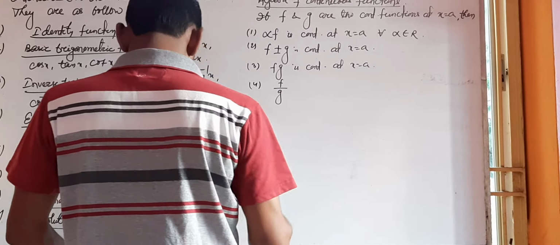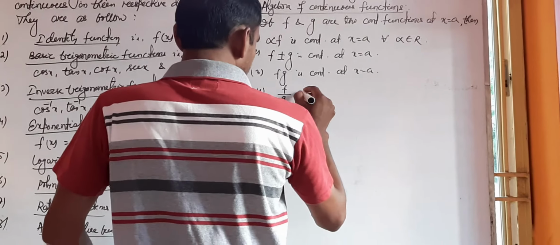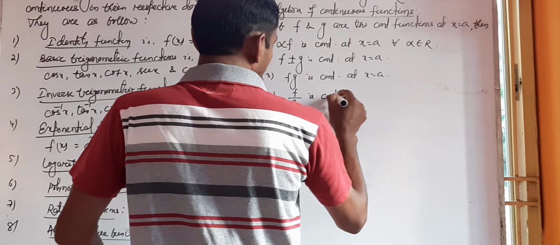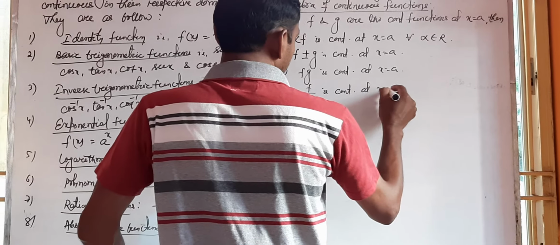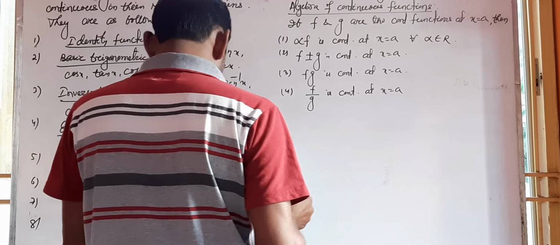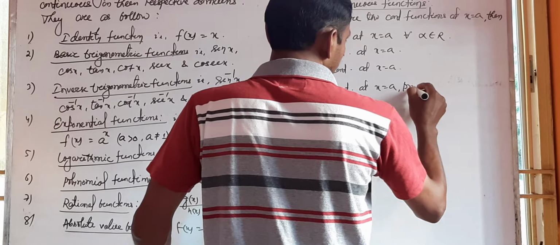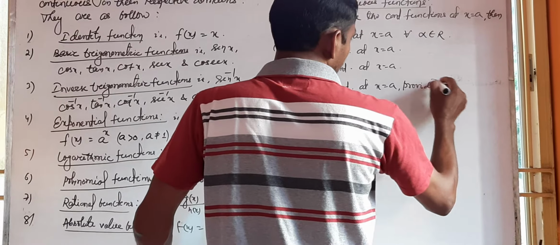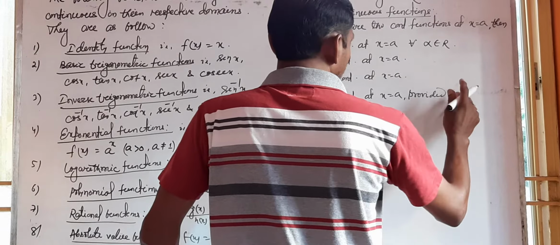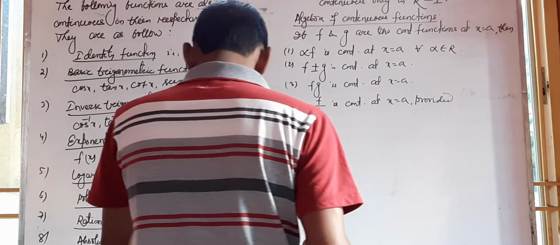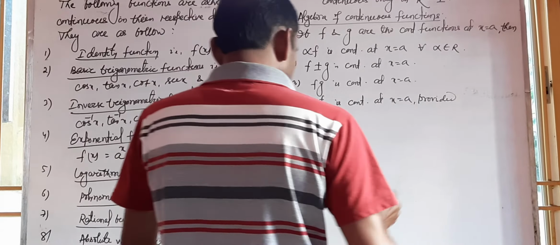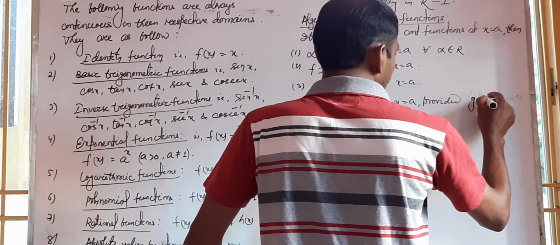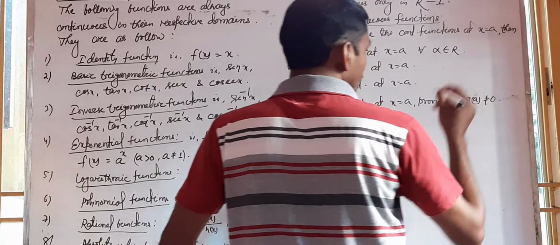f by g is also continuous at x equal to a, provided that g of a should not be equal to 0.